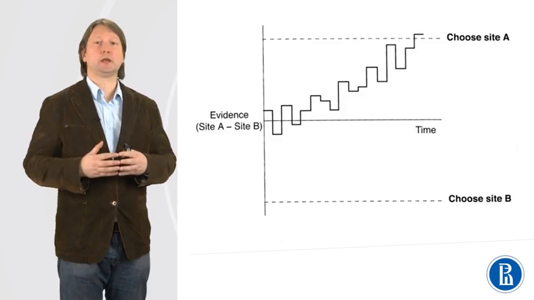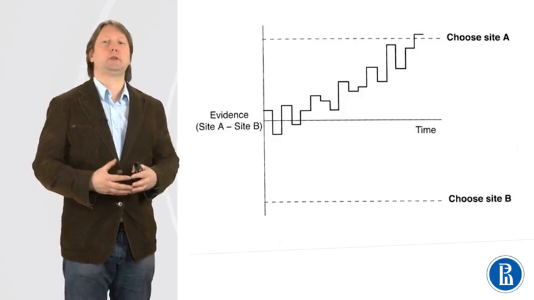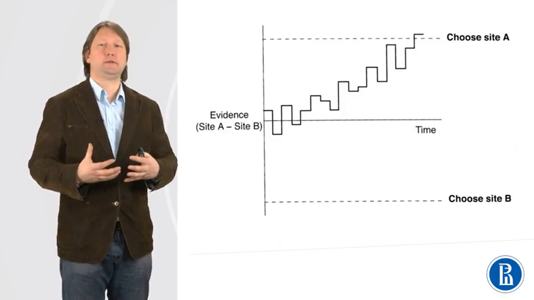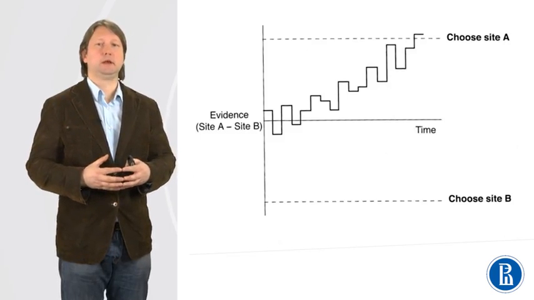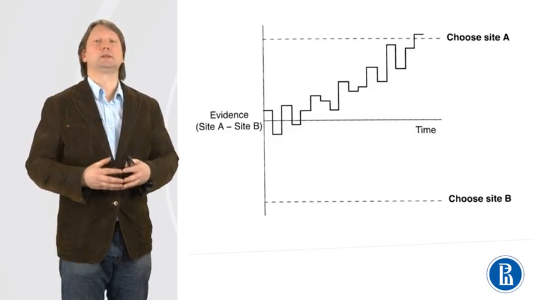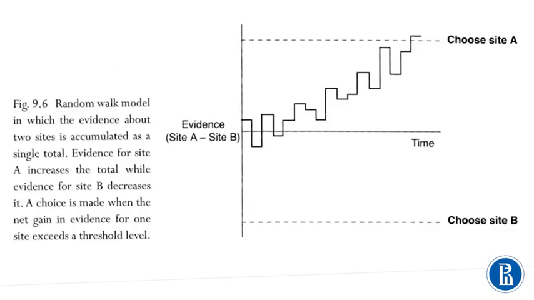Scouts accumulate information for, let's say, site A and B, and whenever there is a critical amount of evidence that site A is better than site B, when there is a quorum, the colony moves to this site. So there is a very interesting similarity between the group decisions of social insects and decisions produced by our neurons.